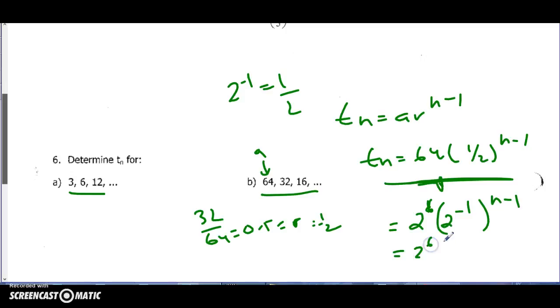So I get 2 to the 6 times 2 to the minus n plus 1, because of the power of a power rule. And now I add these together. So I have minus n plus 1 plus 6, which is plus 7. Okay, so I have 2 to the power of minus n plus 7, or plus 7 minus n.